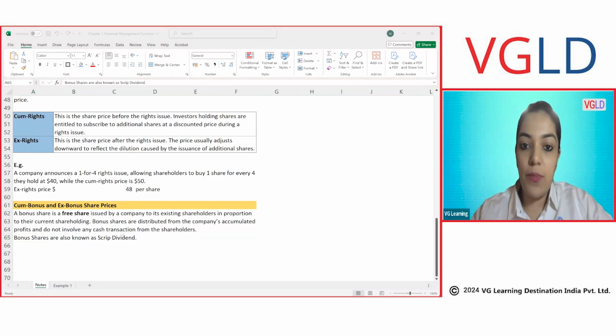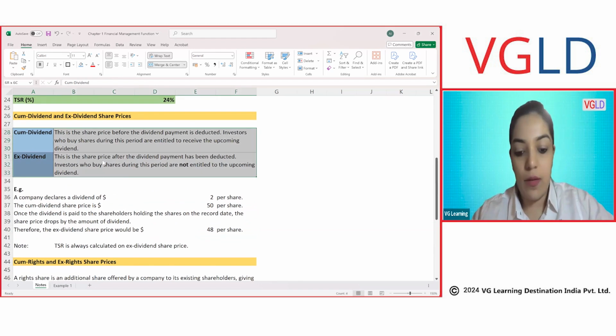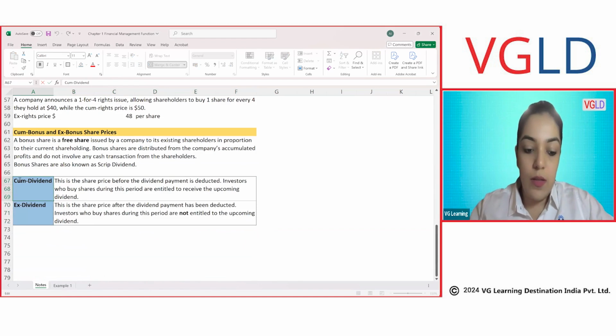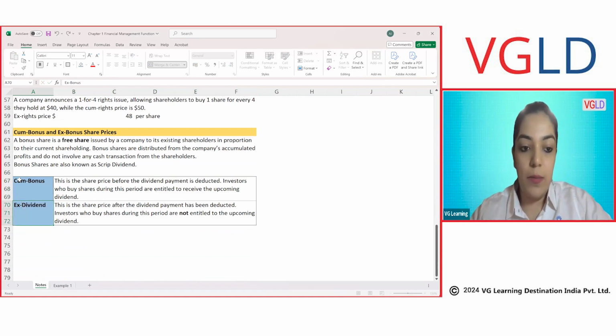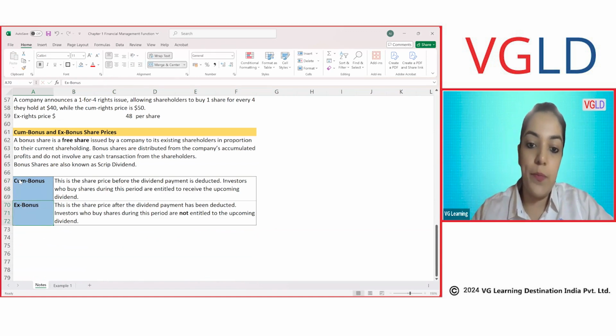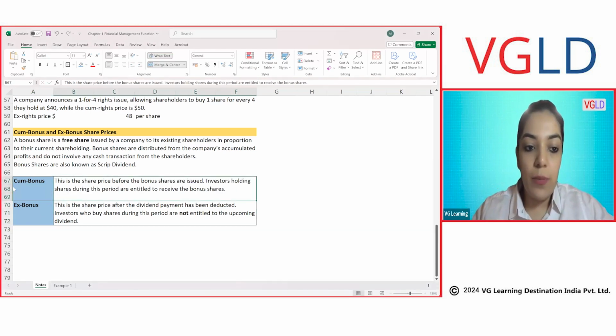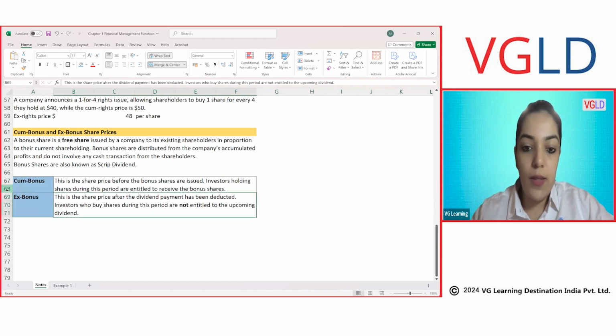Now, what are cum bonus and ex bonus share prices? Cum bonus and ex bonus. The cum bonus price is the share price before the bonus shares are issued.